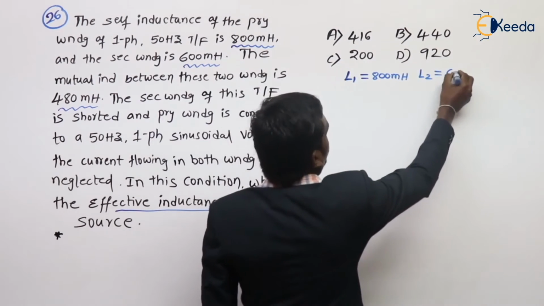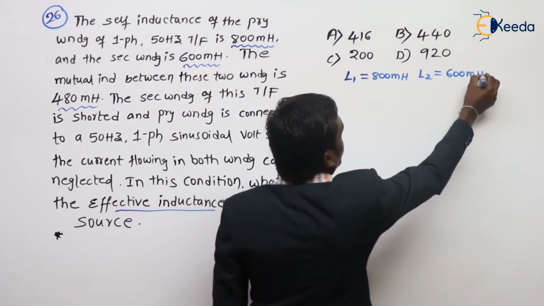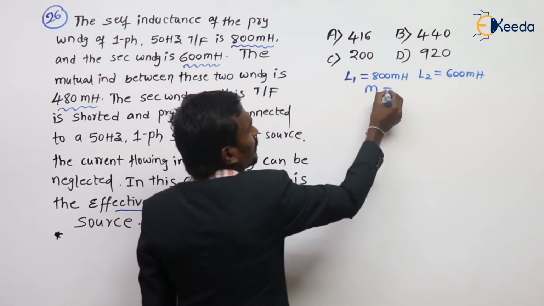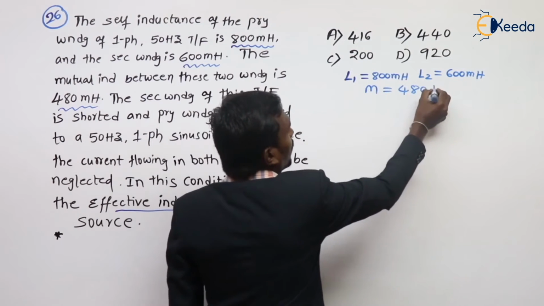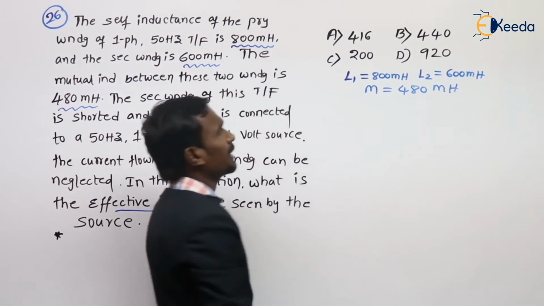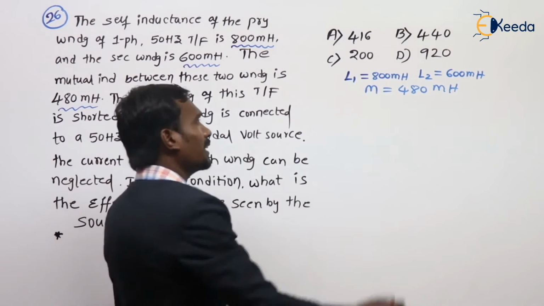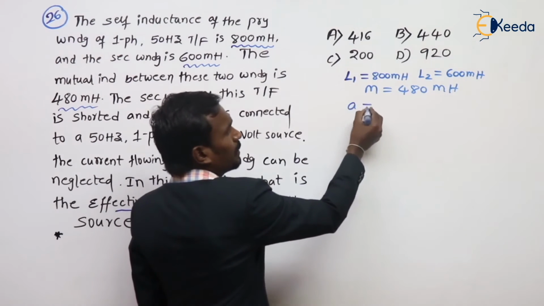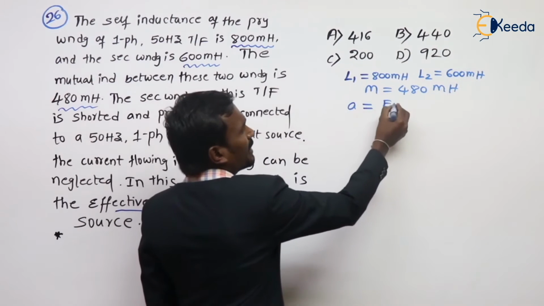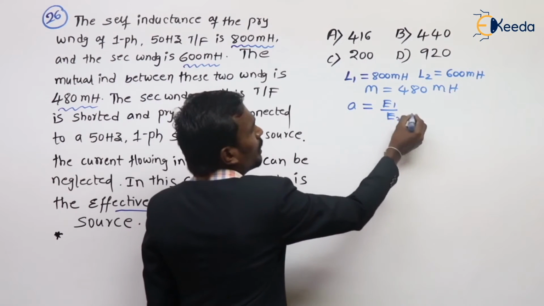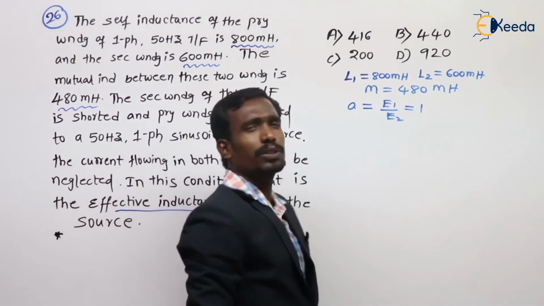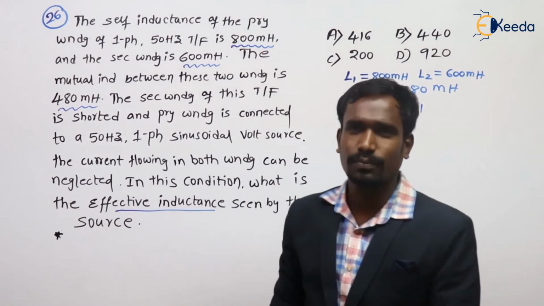L2 is equal to 600 millihenry. Mutual inductance is equal to 480 millihenry. This is given. And here we need one parameter, A is equal to E1 by E2. If it is not given, A is equal to 1. Take this as 1.